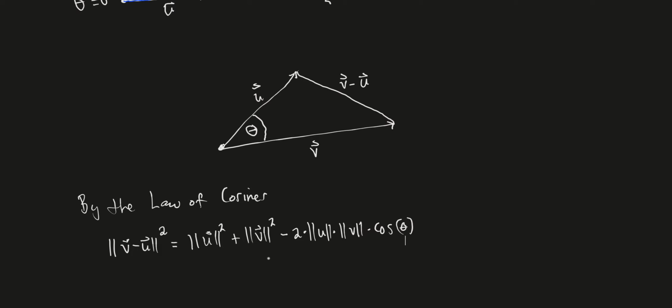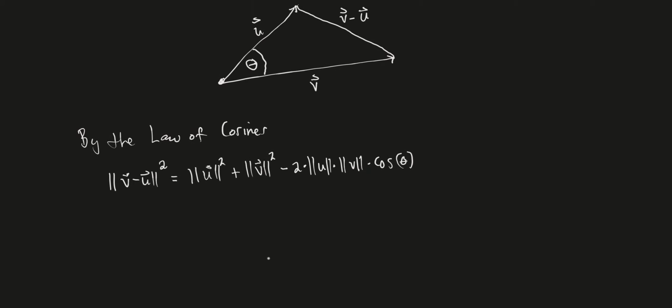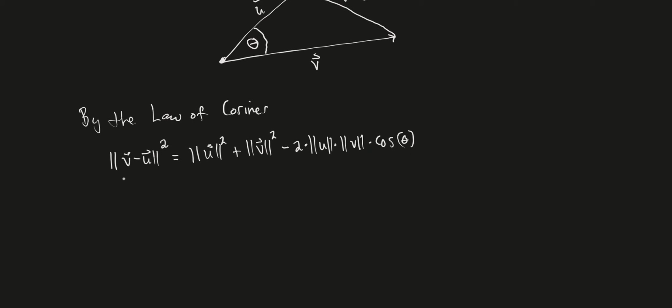So now this is where we're going to use some of the properties of our dot product. Let's take a look at this expression here. Now this is the magnitude of this vector squared. Well, part D of our theorem says that we can express the square of the magnitude as a dot product.